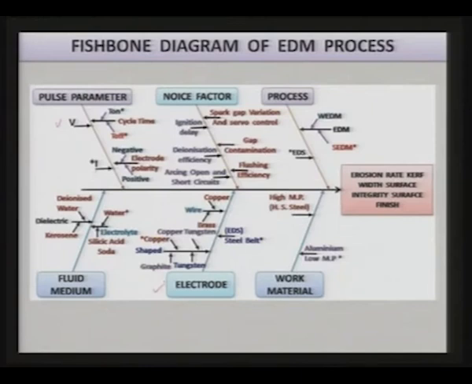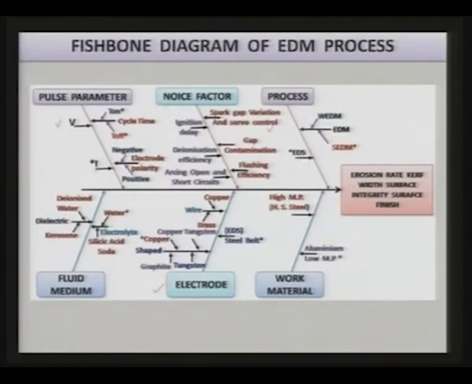Then spark gap variation is another very important point, that is the gap between the tool and the workpiece. It may be in the front gap, it may be in the side gap, and how the servo motor or servo system is going to control this particular gap during the process is also an important point.